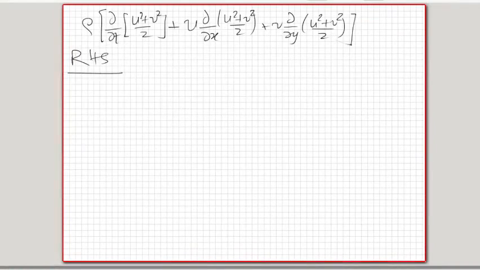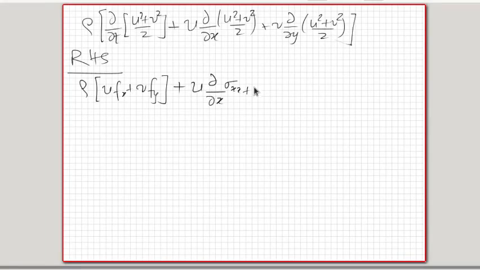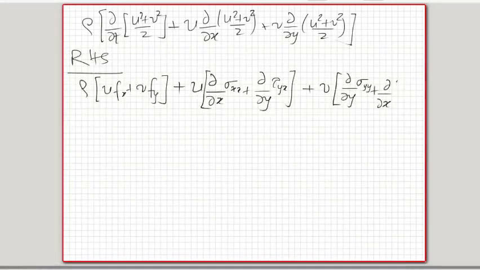So this will look like rho times u fx plus v fy, this comes from the body force terms, plus u del by del x of sigma xx plus del by del y of tau yx, plus v into del by del y of sigma yy plus del by del x of tau xy.